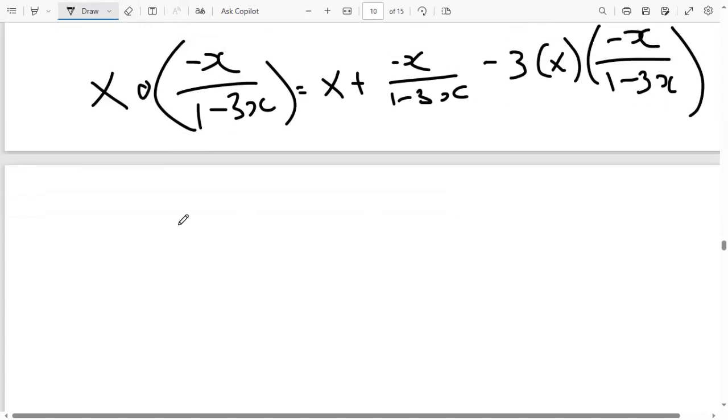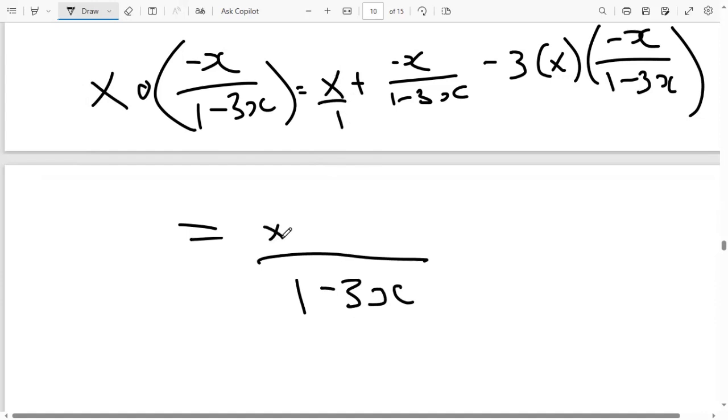So you can add this guy plus this guy, the common denominator will be 1 minus 3x. So 1 into this will be the same, so x multiplied by this will be x minus 3x squared. And then this guy into this, 1 multiplied by minus x will be minus x.